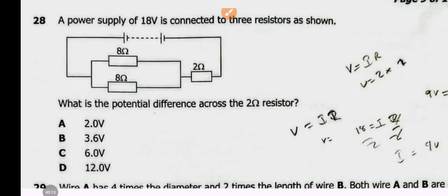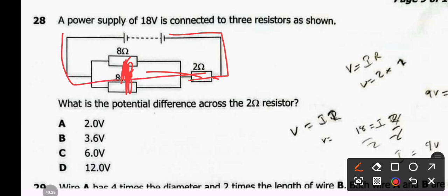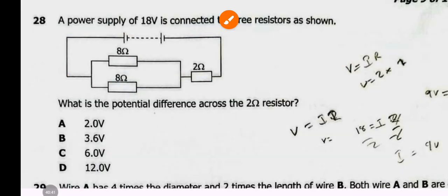Step 1, we first find the current flowing in the circuit, and after that we use V equals I times R to find the voltage across the 2 ohm resistor.